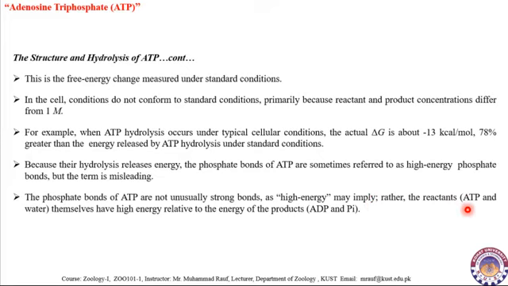Rather, the reactants ATP and water themselves have high energy relative to the energy of the products ADP and Pi. So here the reactants have high energy as compared to the products, and the products are at a lower energy level. Where this energy goes, which is liberated by the reactants, this energy is available to perform work.